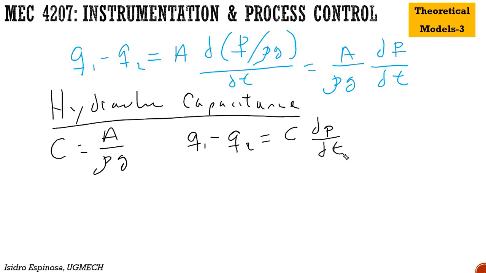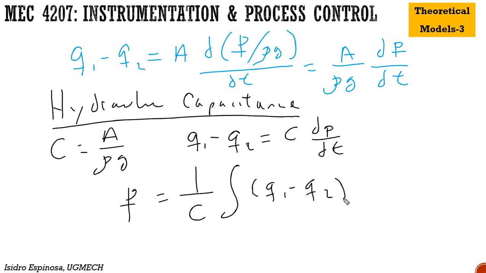If we do integration of this equation, we can know what the pressure in the container is. So pressure is equal to 1 over hydraulic capacitance times the integral of Q1 minus Q2 dt.